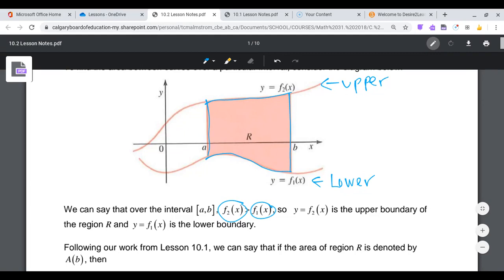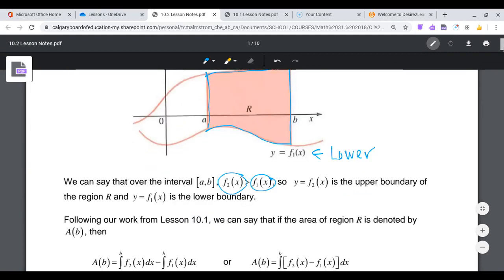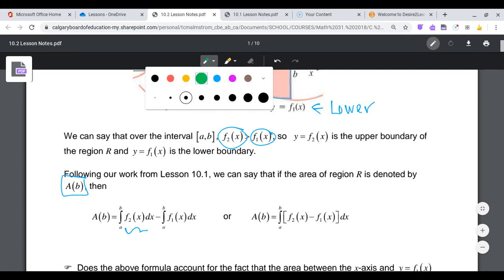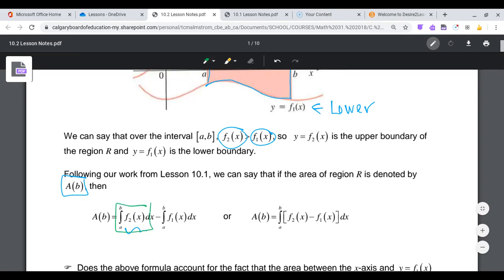And so what we can say from our work in 10.1 is that A of R, R being that region, is equal to the area of the upper function between, so this is the tricky part, between, remember area under the curve goes up until the x-axis.